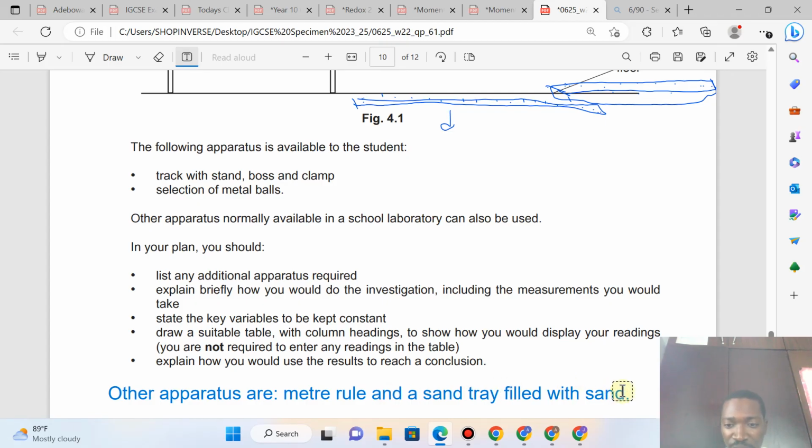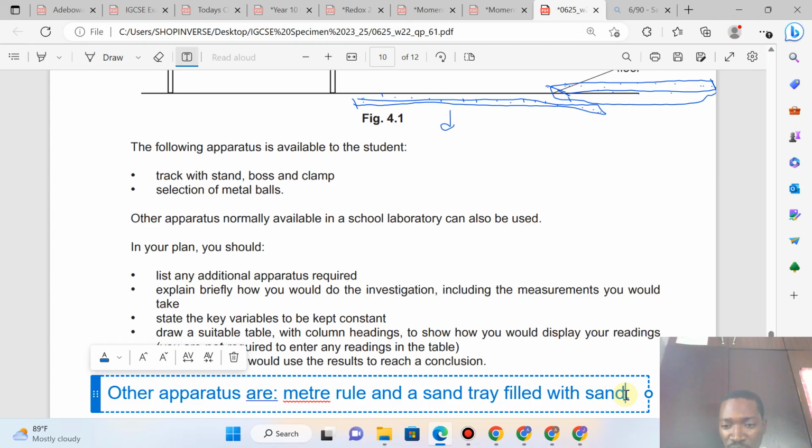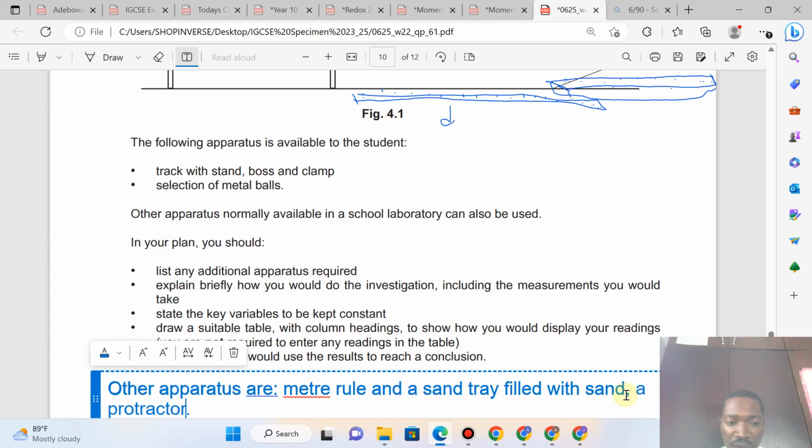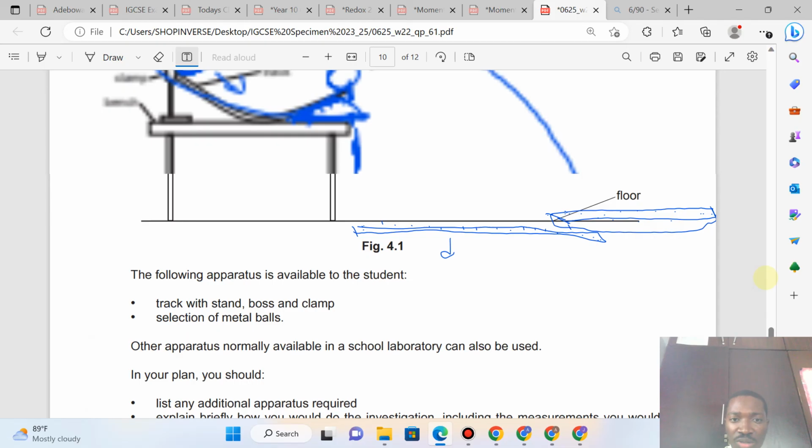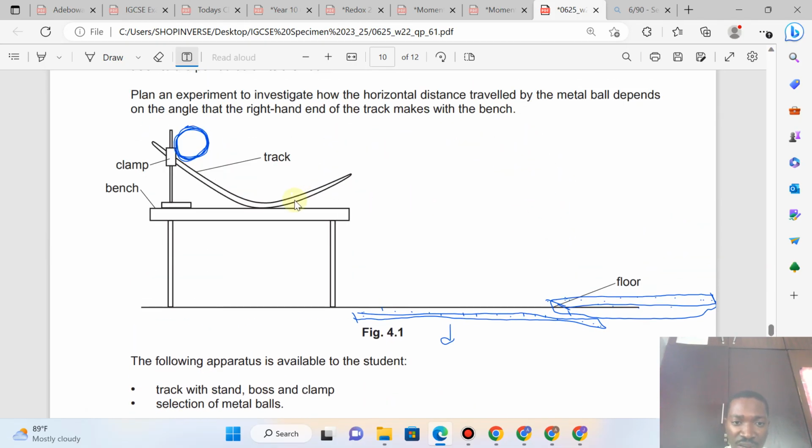Then you need a sand tray filled with sand to get the exact location where the ball lands. You also need a protractor in order to measure the angle that the right hand side of the track is making with the table or with the bench. Yes, so you measure the angle here.